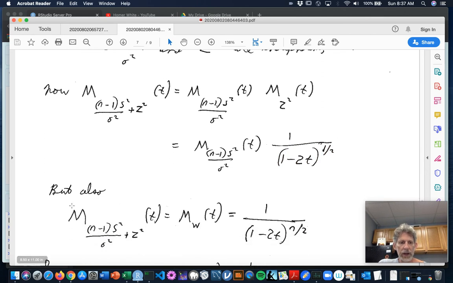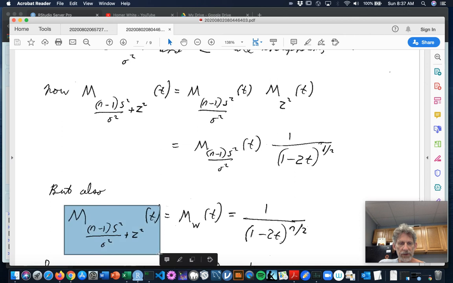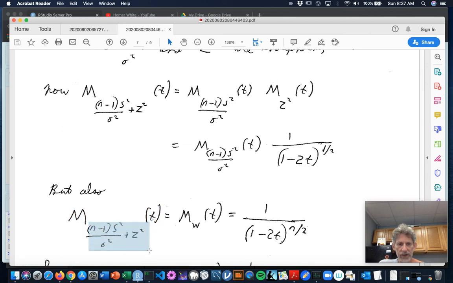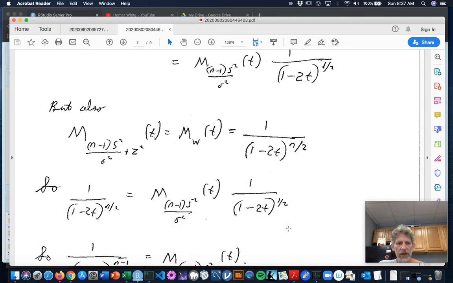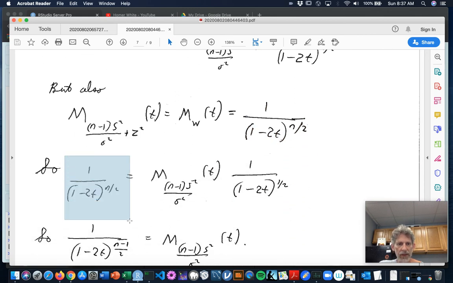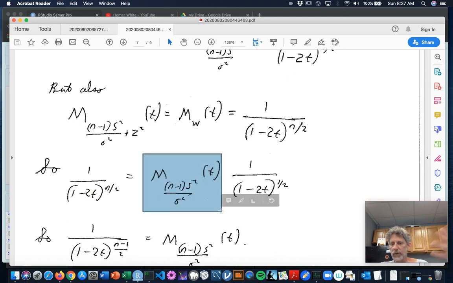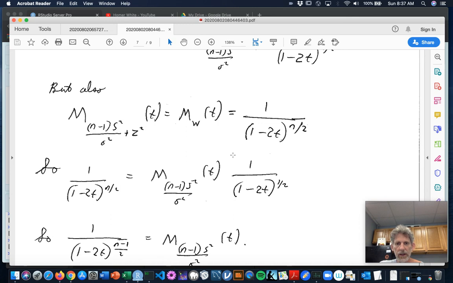But another way of writing down the moment generating function for our sum is to remember that that sum is w, which is chi-squared with n degrees of freedom. And so the moment generating function is that. So we get an equation. That is the moment generating function of the random variable that we want to show as chi-squared n minus 1 times that.